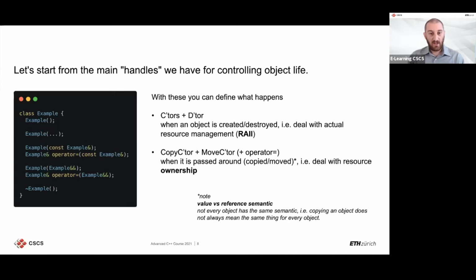Here in this slide, I highlighted the RAII technique and the ownership word, because one of the fundamental concepts on which RAII is based is the ownership. The ownership of a resource.